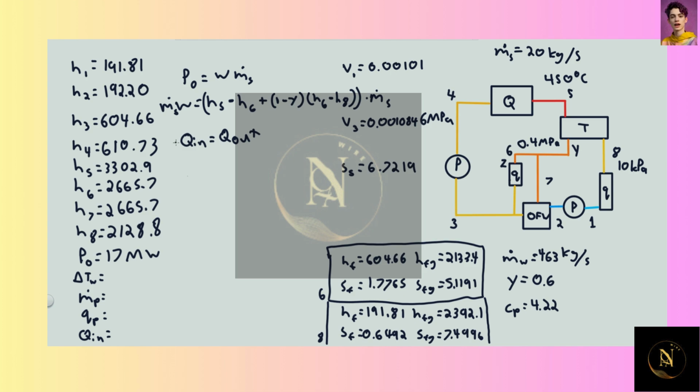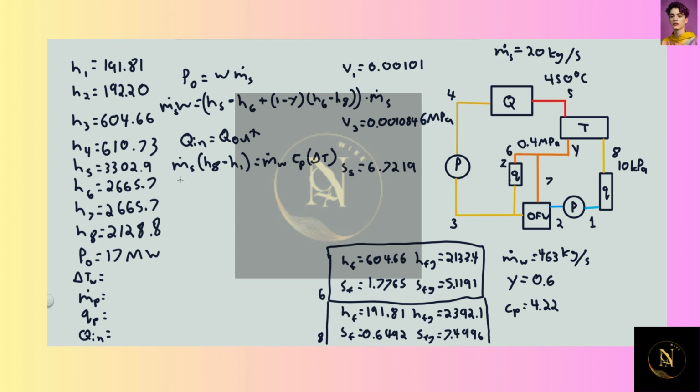So our Q in here is just going to be the mass flow rate of the steam times H8 minus H1. And our Q out will be the mass flow rate of the water times the energy going into it. Since we want our change in temperature here, we will use the formula to convert between the temperature and energy, which is the specific energy times the change in temperature.